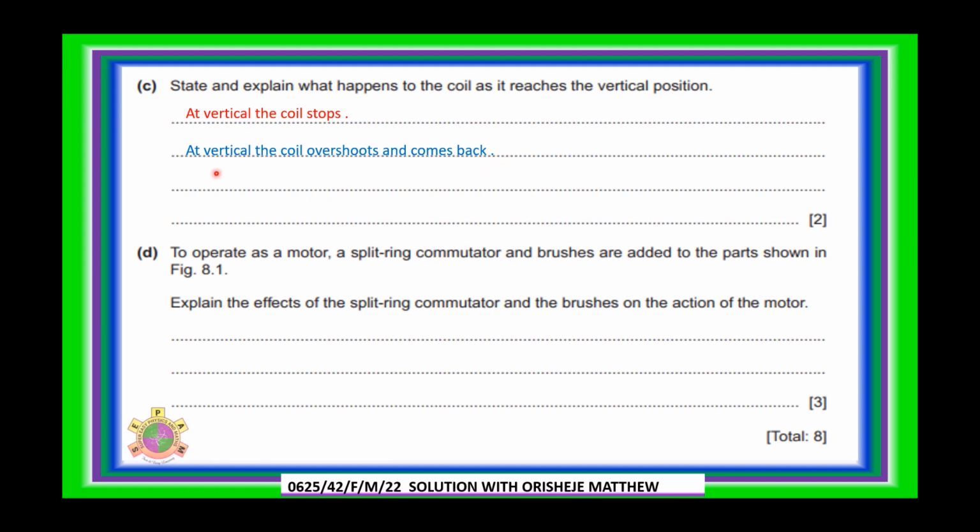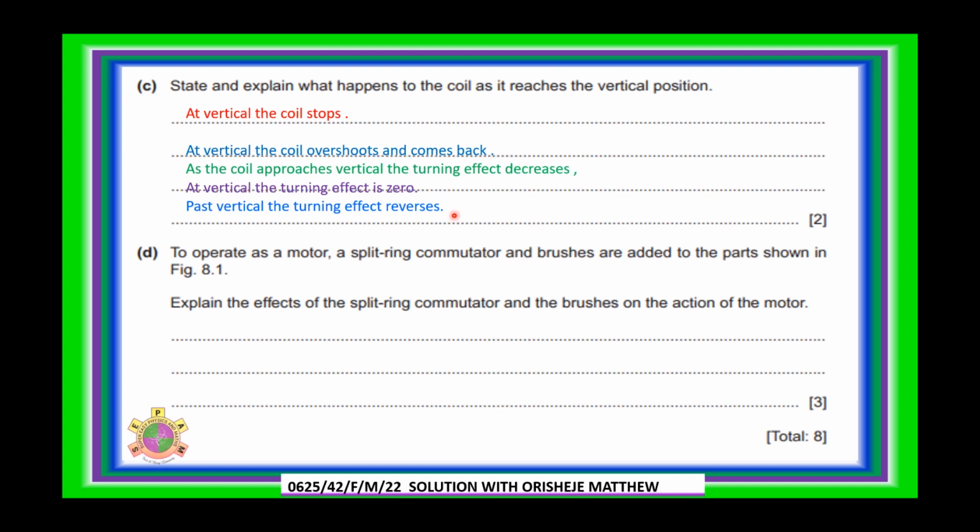Now, to operate as a motor, a split ring commutator and brushes are added to the part shown in this figure 8.1. Explain the effect of the split ring commutator and the brushes on the action of the electric motor.